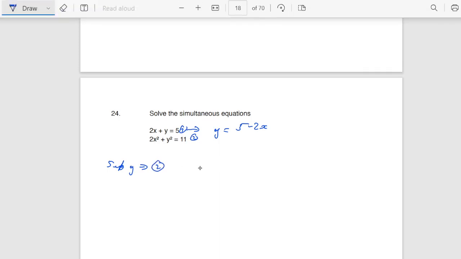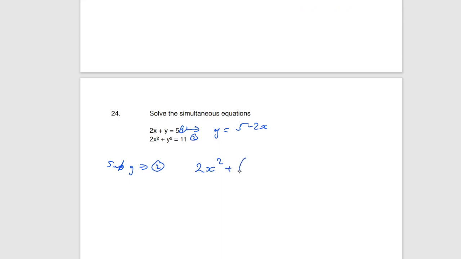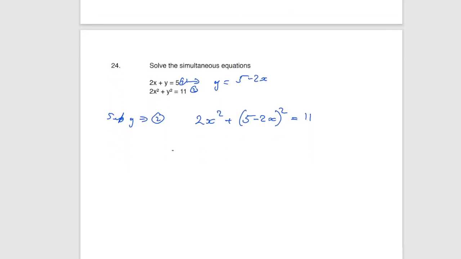Sub y into equation 2. So that would give me 2x squared plus 5 minus 2x squared, which would be equal to 11. I've then got to multiply out that bracket. Again, there's nothing wrong with you taking a side step, so doing your working at the side, if you're not confident squaring a bracket.